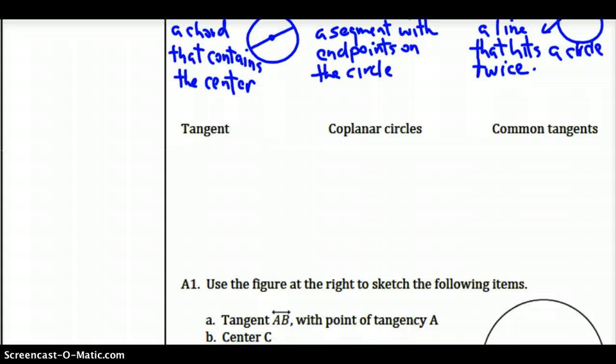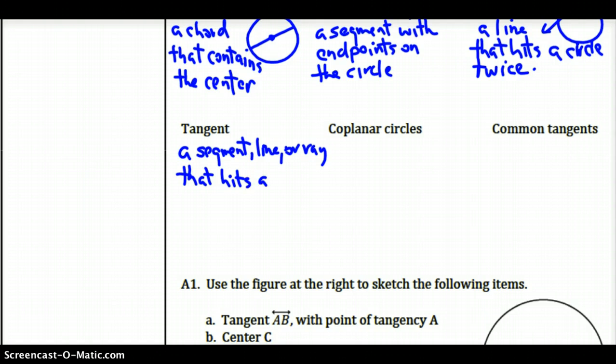Now a tangent is a segment, line, or ray that hits a circle once.